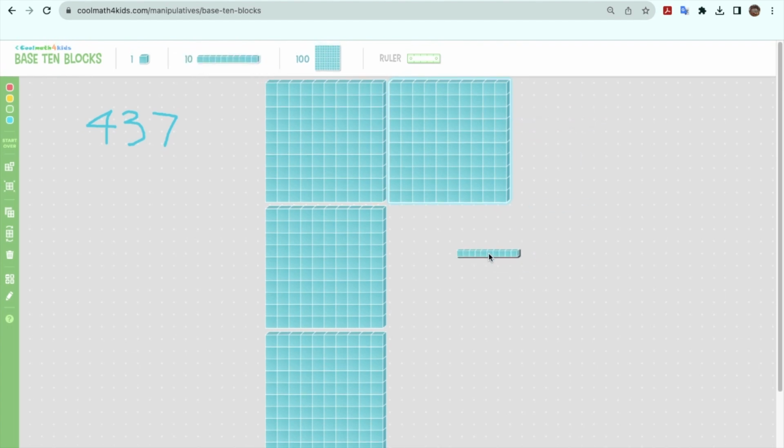And there's 3 rods, which also represents 3 tens. And then there's 7 unit blocks, which is 7 ones.